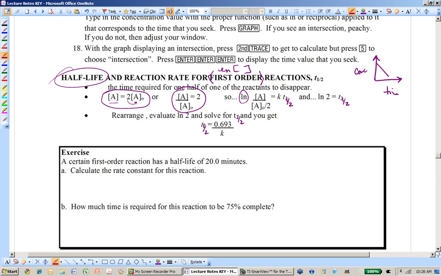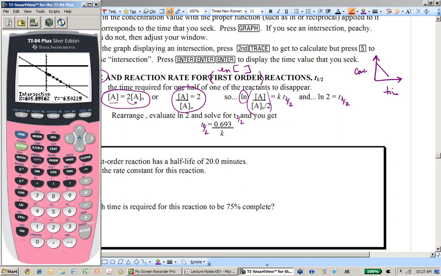The concentration of A at any given time is equal to the original divided by 2, the ln of which, so there's half of it, is equal to k times t1/2. And the natural log of 2 then, because this would be a big old fat 1/2 here once you clean that up, if you take the reciprocal of 1 over 1/2, then you get 2. That's where that 2 is coming from. So ln 2 equals k times the half-life, and the ln of 2 is 0.693.